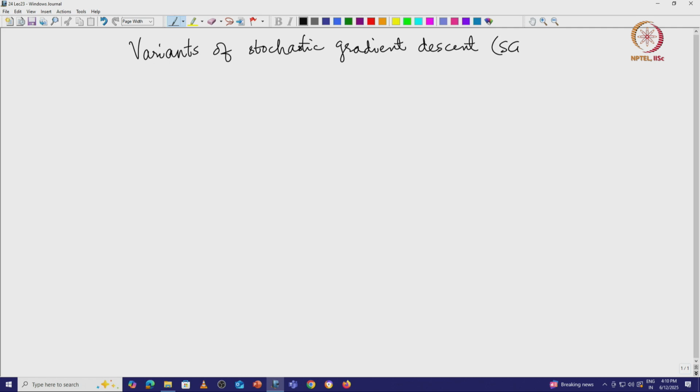And as someone who is going to develop ML models, whether in core engineering disciplines or otherwise, you need to know how the training process happens and what are the nuances and subtleties involved. So as you recall, the basic equation of gradient descent is as follows.